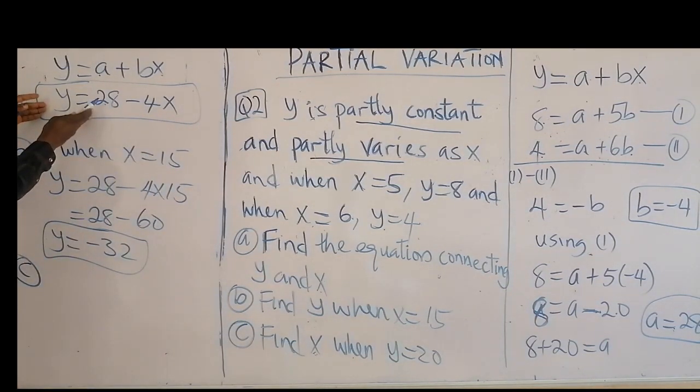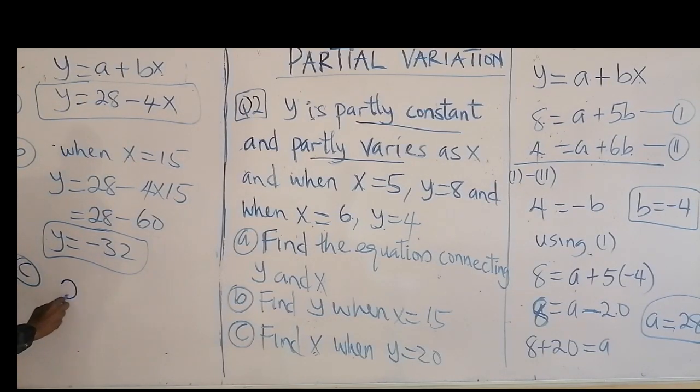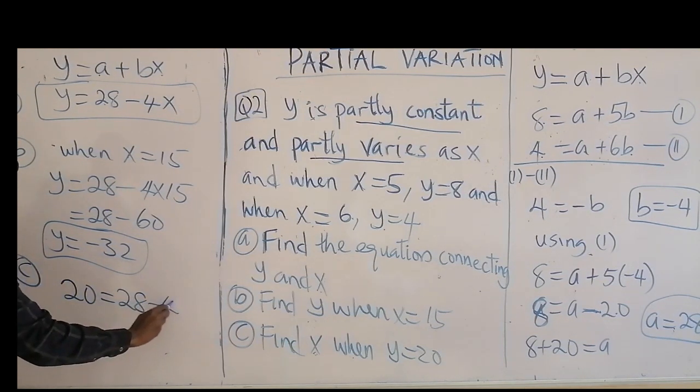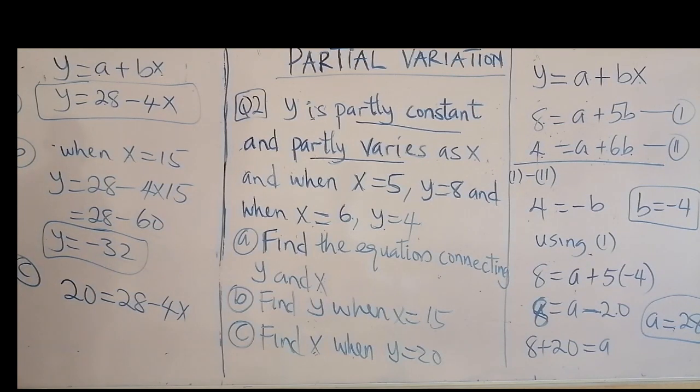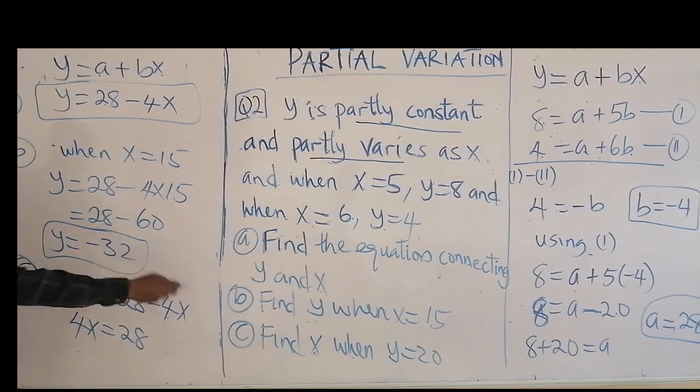The C part: find x when y is 20. Go back to your formula that connects the constants. So we have y is 20, equal to 28 minus 4x. Can we move this minus 4x to the other side? That will be 4x equal to 28, and shift this 20 to the other side.